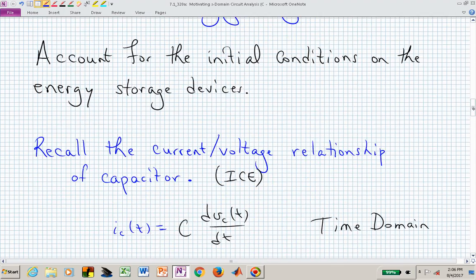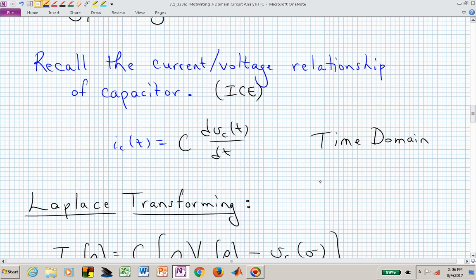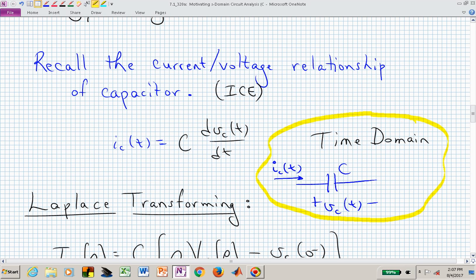And did we write that? Maybe we didn't, but our time domain expression up here would be plus v sub c of t minus, with i sub c of t. So we're using the passive sign convention. The current, in the way that we've indicated positive, is flowing into the positive terminal of our voltage, and here is our capacitor value C. Here is our time domain current-voltage relationship on our capacitor.